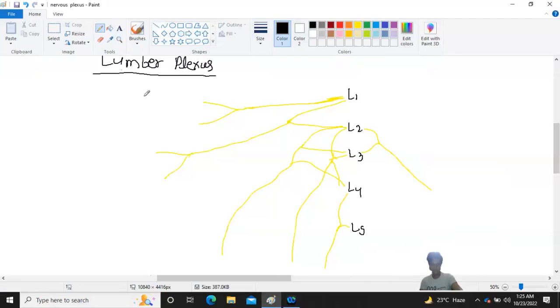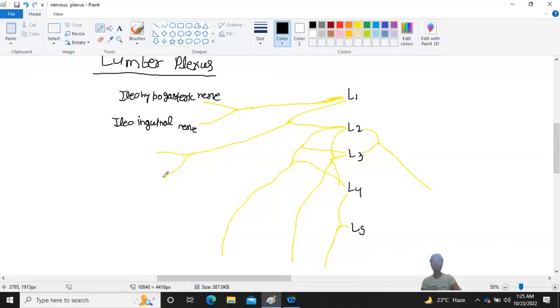First, name it. This is the iliohypogastric nerve. Ilioinguinal nerve. This has root value L1. Then another is the genitofemoral, which has root value L1 and L2.